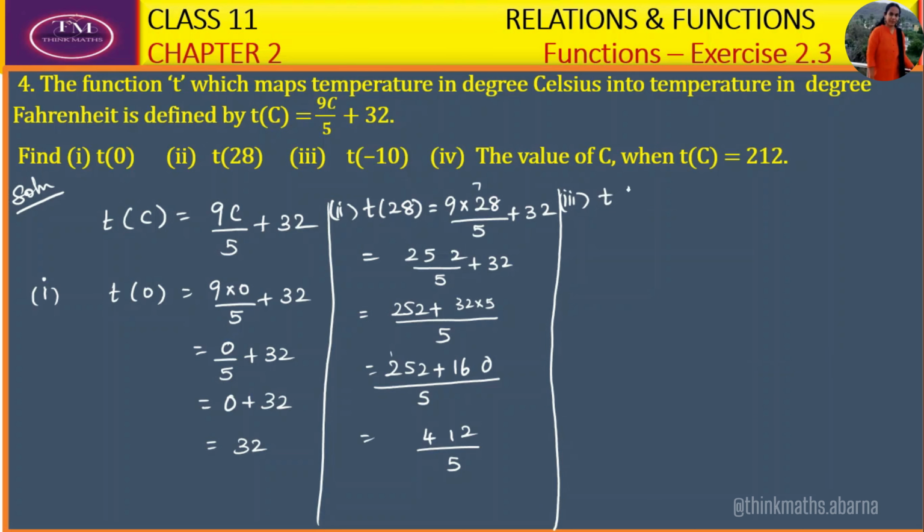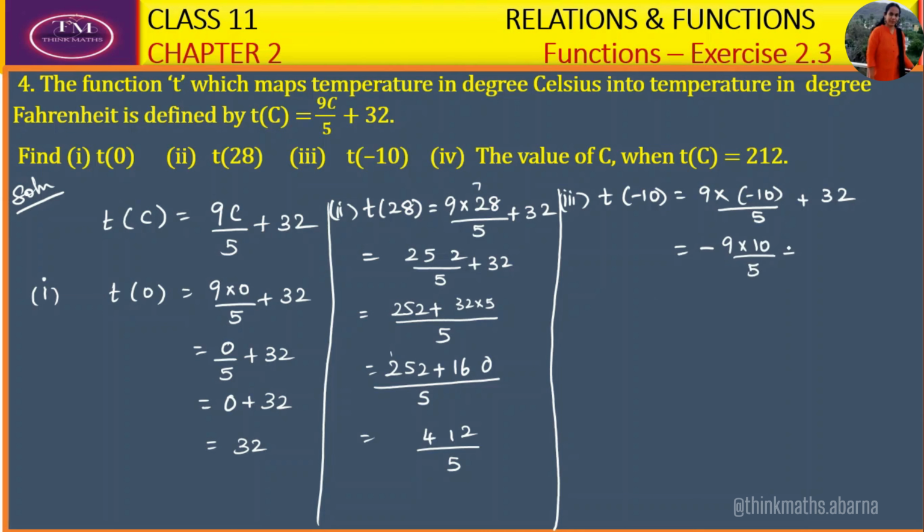This T of minus 10. So instead of C, we have to put minus 10, 9 into minus 10 divided by 5 plus 32. Now, negative number. If you multiply by a negative, you will get answer negative. So, it is 9 into 10 divided by 5 plus 32.